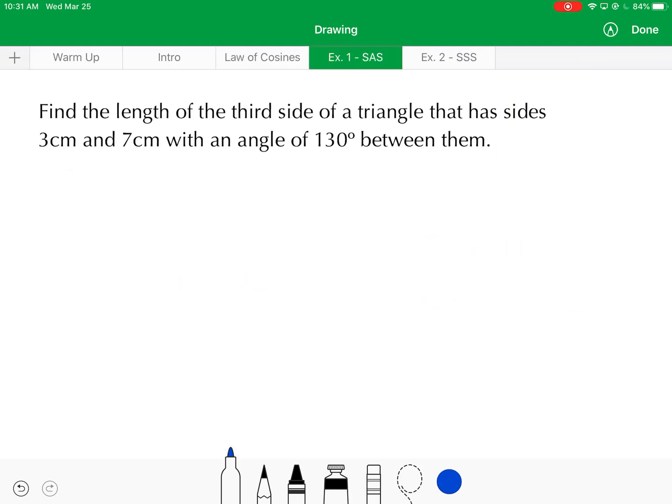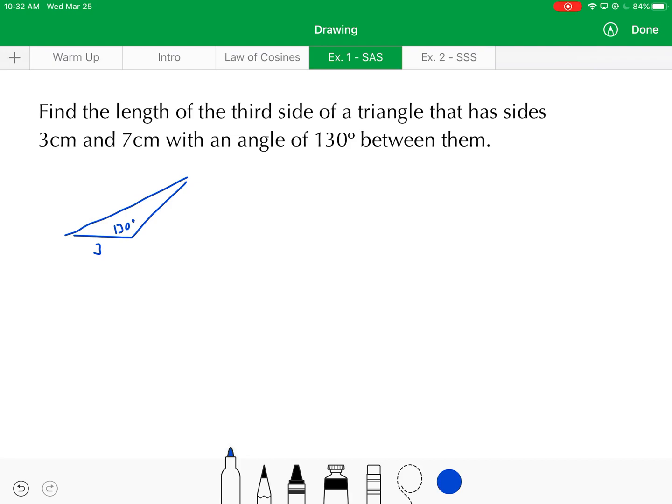Okay, so let's cover the side-angle-side situation first here. All right, it says find the length of the third side of a triangle that has sides of 3 centimeters and 7 centimeters with an angle of 130 degrees between them. So let me draw out something that's reasonably close to that. So we'll make this the 130 degree angle right here.